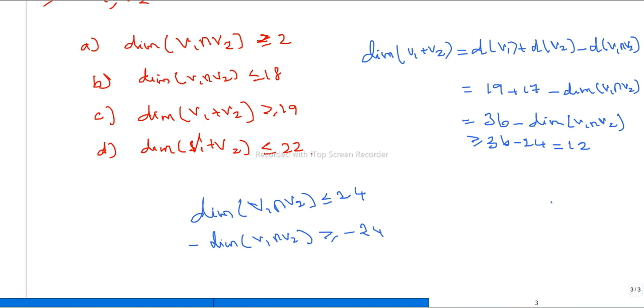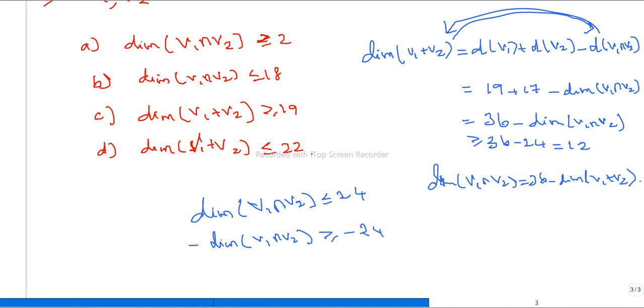Again take the dimension of V1 intersection V2 to this side and the other to this side. The same thing: equal to 36 minus dimension of V1 plus V2.